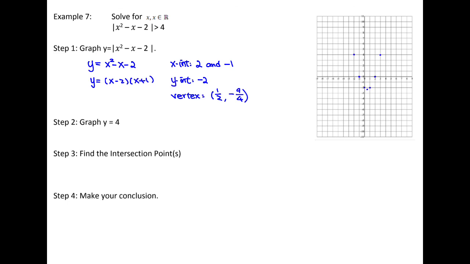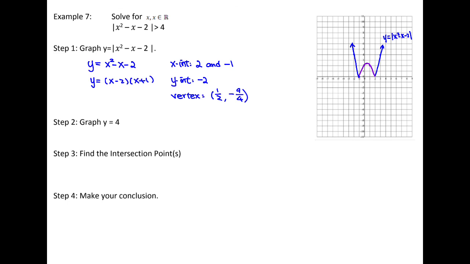Next, let's put all the points on the graph and make a parabola. After we have the original parabola, we're going to graph another parabola that is a reflection of the original along the x-axis. Then, let's erase the graph that is below the x-axis to get our absolute function of x squared minus x minus 2.